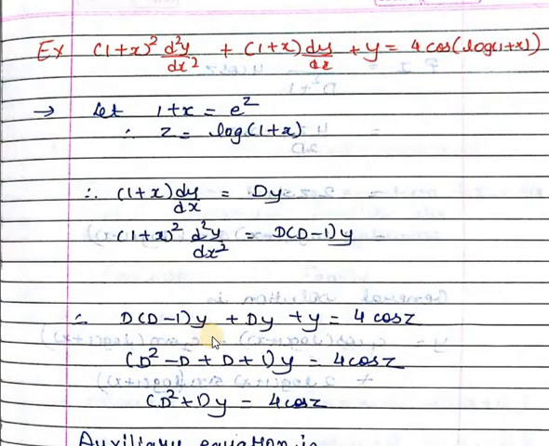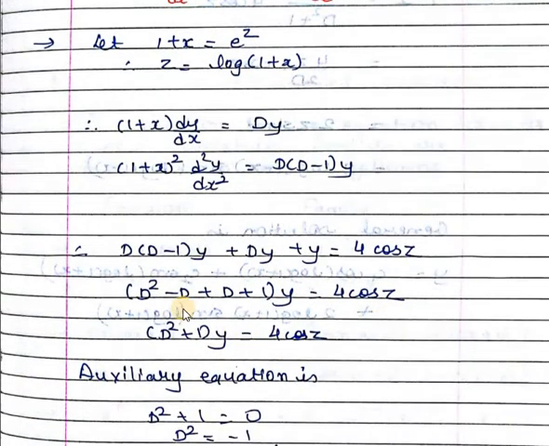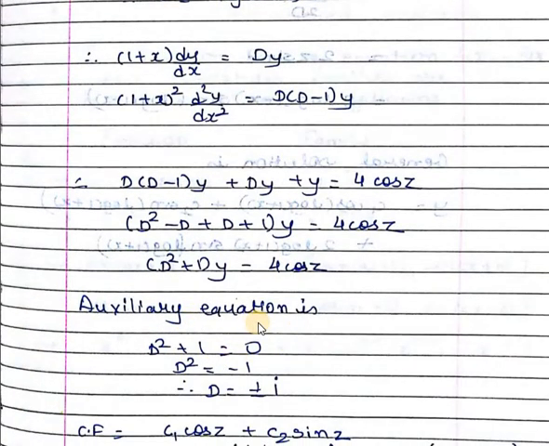So if we simplify it, taking y common, here it will be (D square minus D plus D plus 1) into y is equal to 4 cos z. So this can be written as (D square plus 1), because D cancels out, into y is equal to 4 cos z. Now the auxiliary equation is given by f of D equal to 0. That means D square plus 1 equal to 0. So D square is equal to minus 1, and minus 1 can be written as i square.